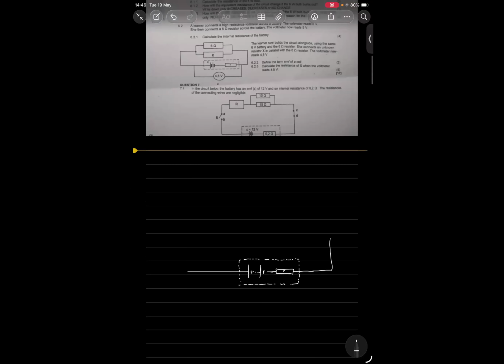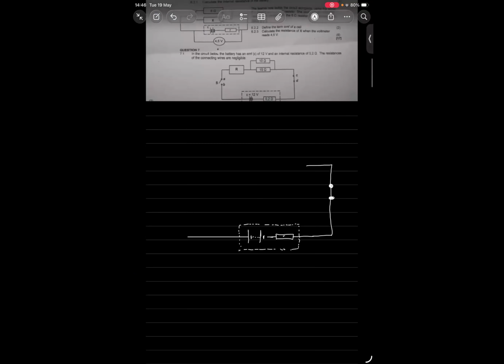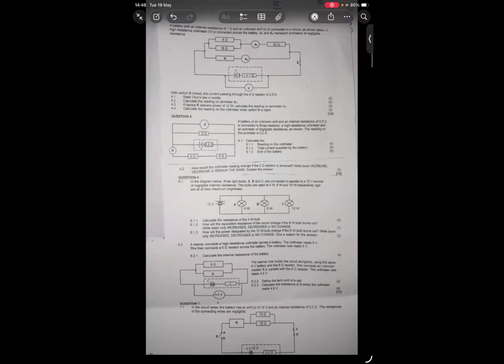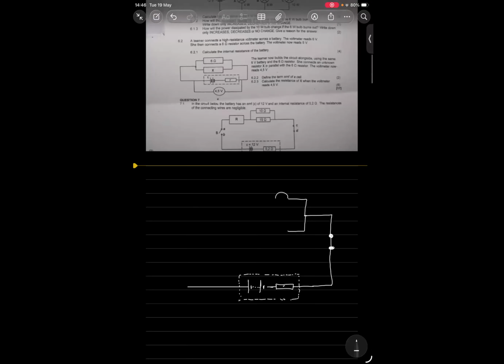Then we have a closed switch. It's going to be A1.